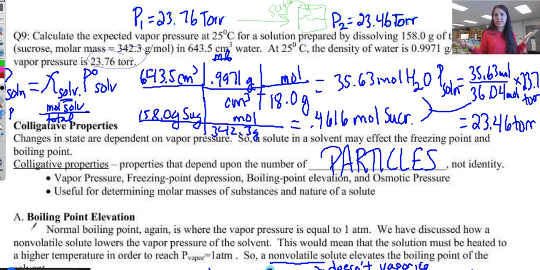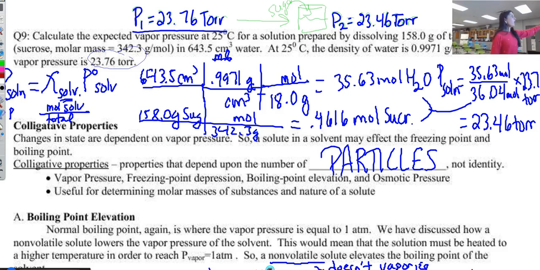Centimeters cubed and milliliters are the same thing, okay? And it says at 25 degrees Celsius, the density of water is 0.9971 grams per centimeter cubed, and the vapor pressure is 23.76 torr. What does this mean? This is the vapor pressure of water by itself at that particular temperature. Okay, so you would look it up in a chart or you'd be given it.